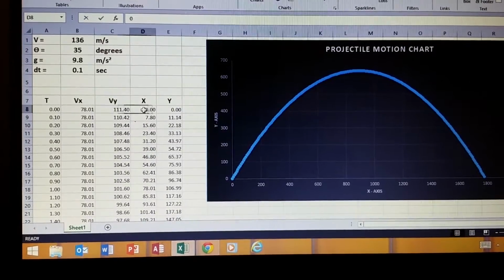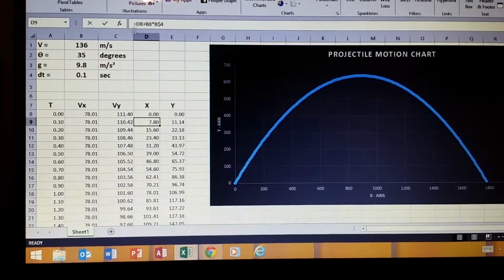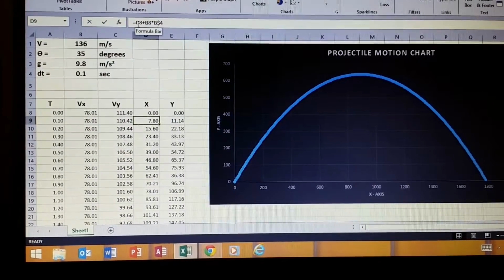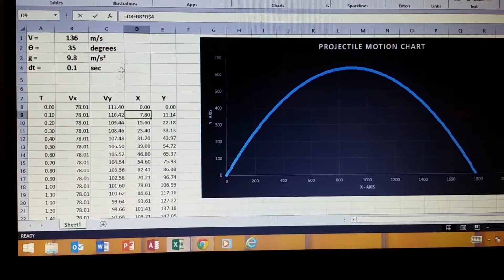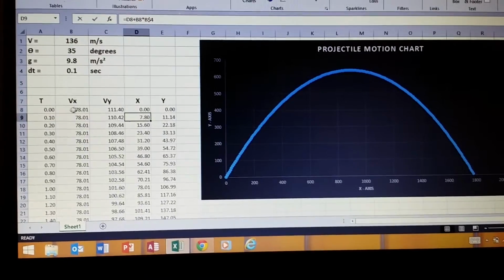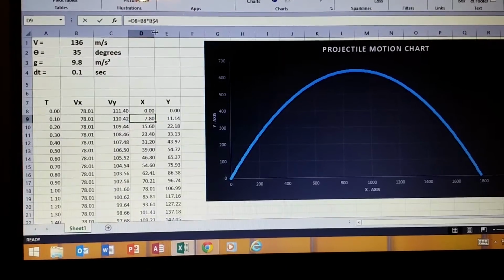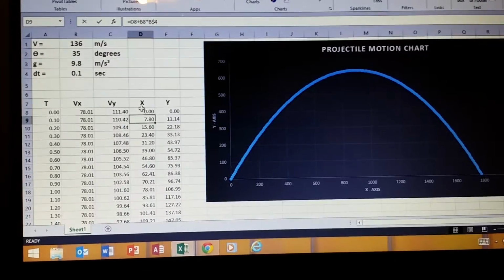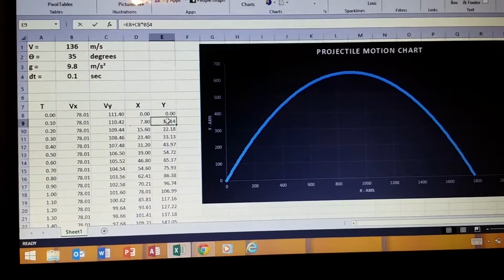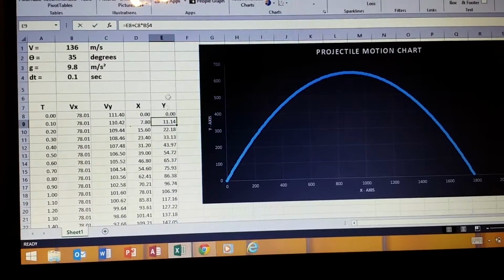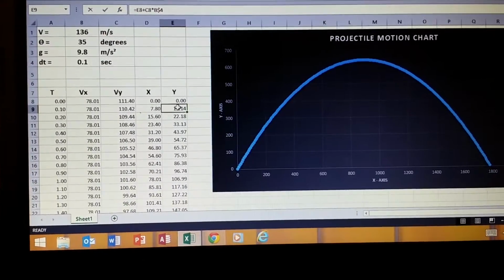Then when you come to X, you're going to have the initial, which is 0 for X and Y, plus the Vx, the velocity in the X direction, multiplied by the time interval, and you're going to do the exact same thing, except you're going to use the velocity in the Y direction for the Y direction distance.